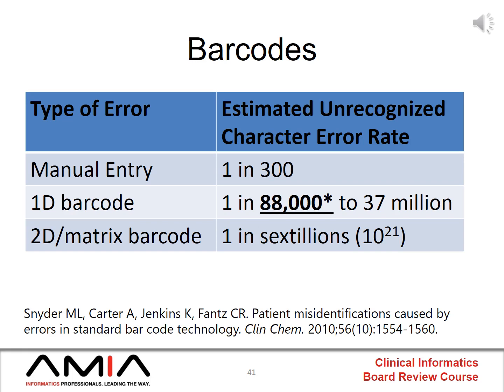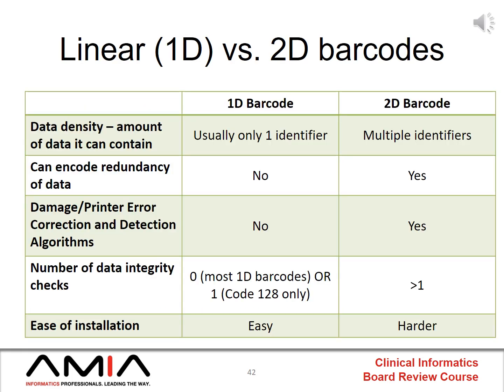The error rate seen with two-dimensional or matrix barcodes is multiple orders of magnitude lower than that seen with linear barcodes, and even though this error rate is mathematical, there are other aspects of two-dimensional barcodes which help protect against substitution errors. To help you differentiate between linear and two-dimensional barcodes, I have included a chart on this slide which compares the differences between these two types of barcodes.